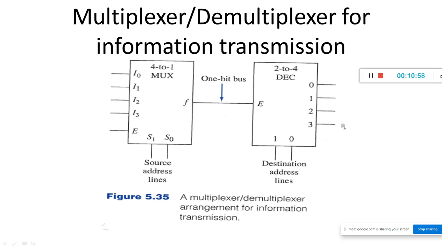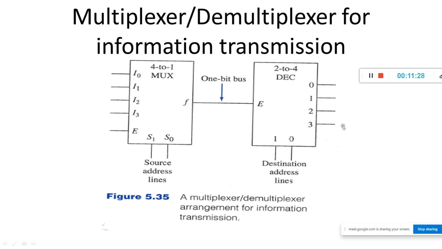As I've already told you, one of the primary applications of the multiplexer is to provide the transmission of information from the several sources over a single path. This process is known as multiplexing. When a multiplexer is used in conjunction with a demultiplexer, what is a demultiplexer? Demultiplexer is nothing but a decoder with the enable input.